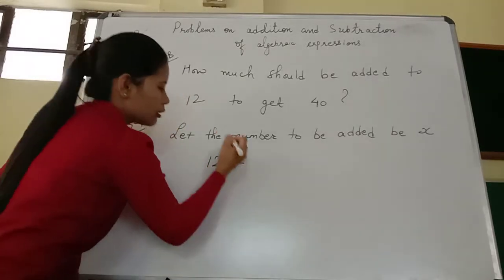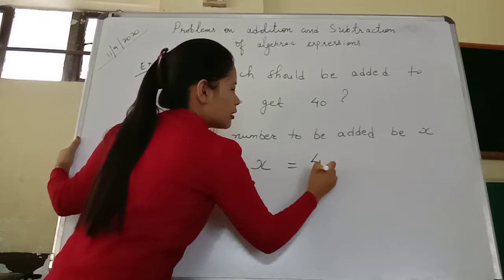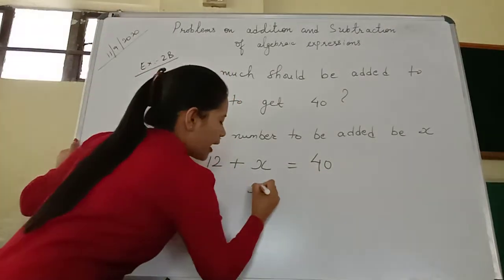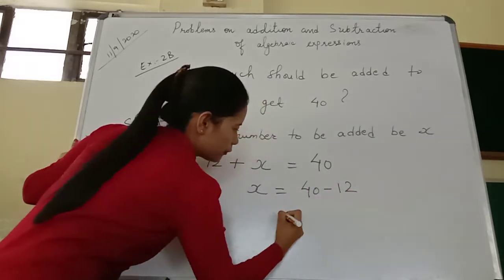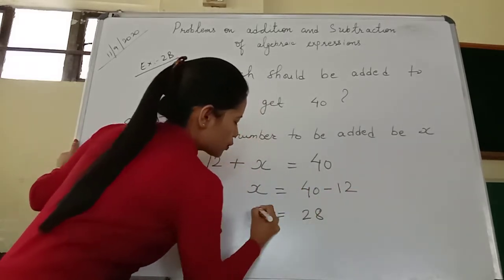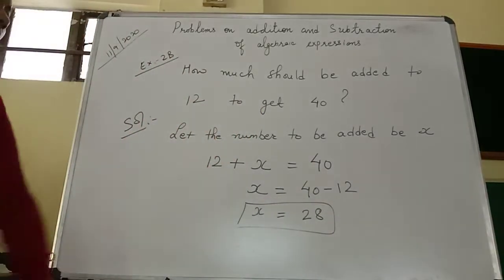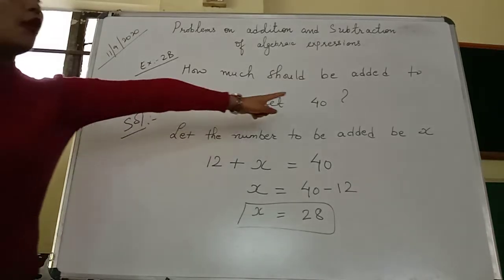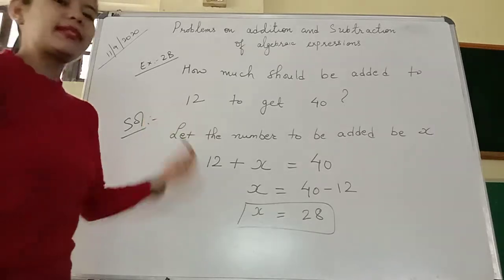According to the question, 12 plus x will give us 40. So from here I get x equal to 40 minus 12, which is equal to 28. So we got the answer that if we add 28 to 12 then it will become 40.